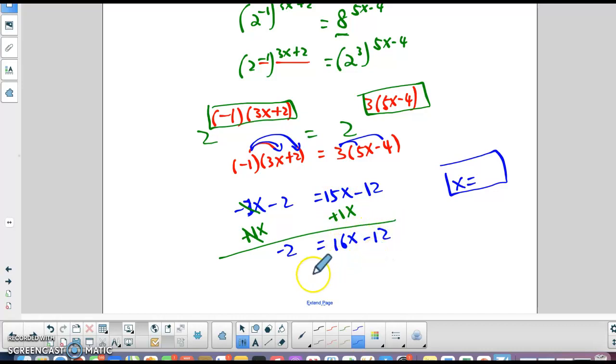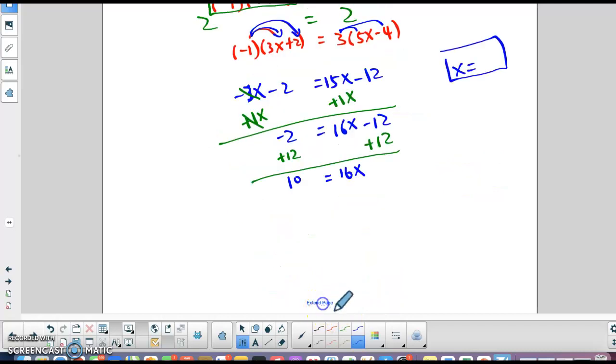Okay? Not there yet, but we're close. You need to get all the numbers on one side. So how? We need to add 12. Okay, that gives you 10. And you have a 16x. Right, one more step.